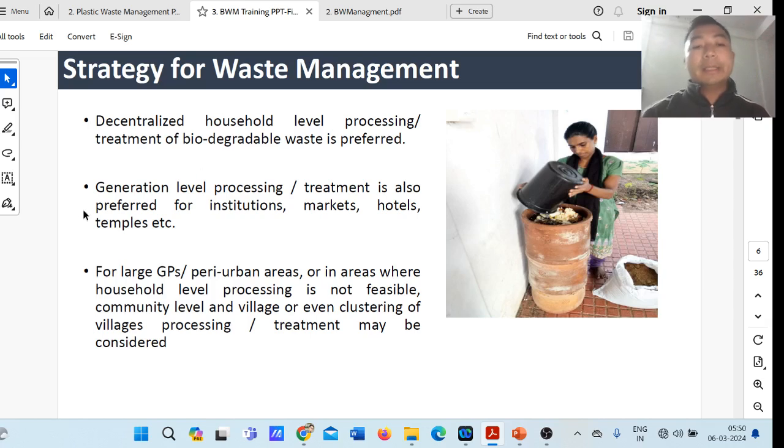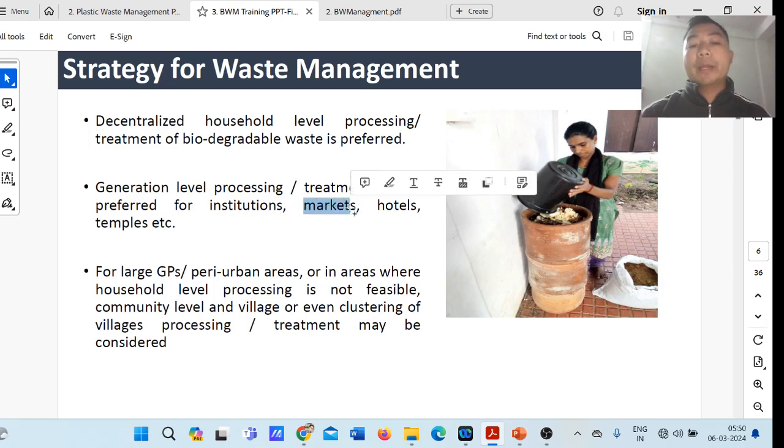Generating-level treatment is also preferable in institutions, even your colleges, and at village level, like through eco clubs or waste management committees. You can even come up with a biodegradable waste management process in hotels and market areas.